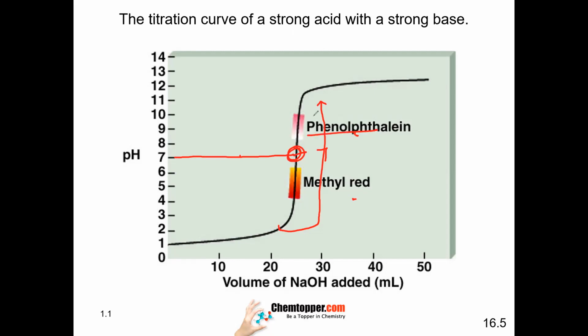That is phenolphthalein. You go above pH 7, it's pink. And methyl red is yellow. Okay, so how to select an indicator? That also is a very important thing, but I think you will do it in college level chemistry, not here.